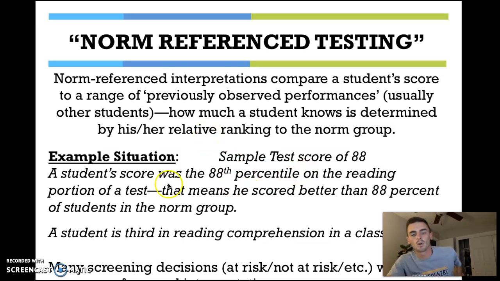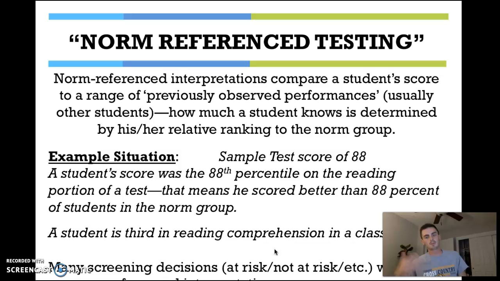We'll go through some examples, but these are two little examples of us comparing how a student did on a test to the norm: to everyone else in his grade, in their school, in their class of 50, in the country, to the whole state of Nebraska.